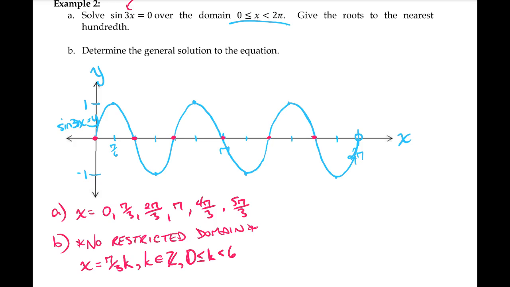And so I could list it like that. Or I could say less than or equal to 5, since I know that that's my cap. Okay, so that would be the domain to stay within my domain of my original question. If I was asked for a general solution, though, usually I'm talking no restricted domain. So I wouldn't necessarily need this.